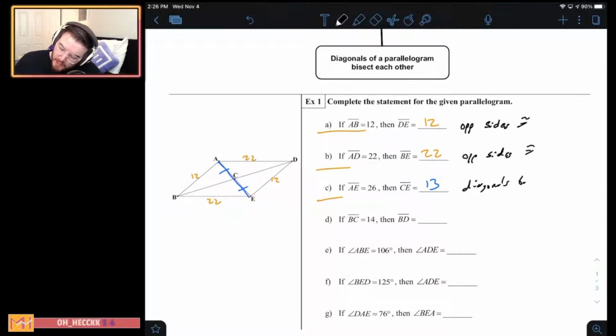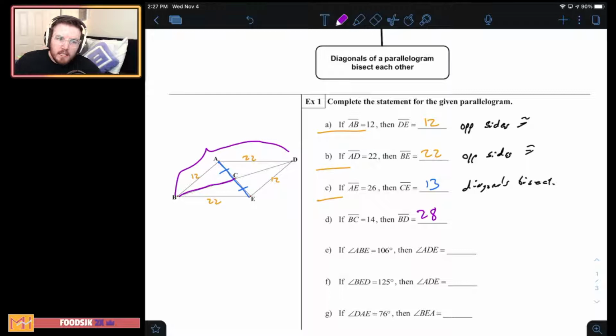Diagonals bisect. If B to C is 14, well then B to D, which is the whole thing, has to be 28 then, right? 14 and 14 make 28. Again, I'm using the fact that diagonals bisect.